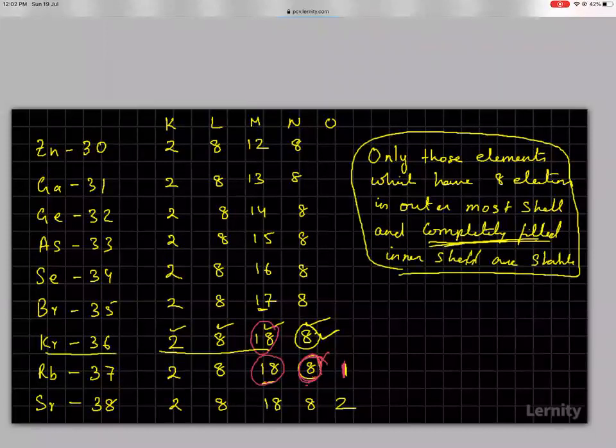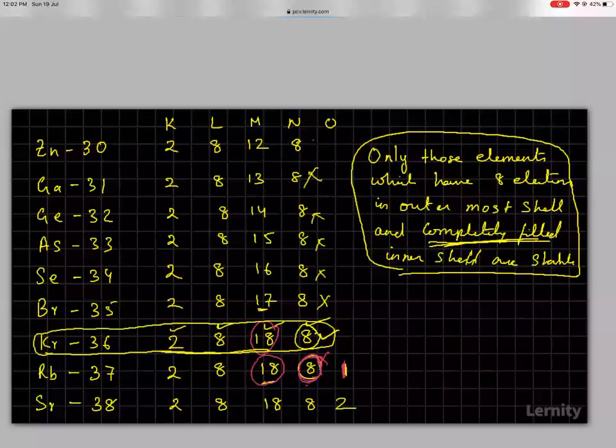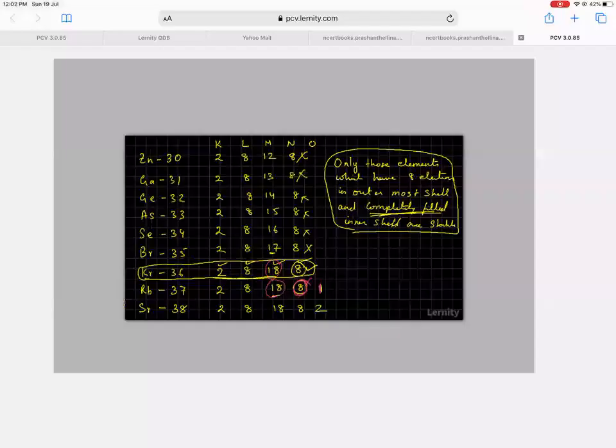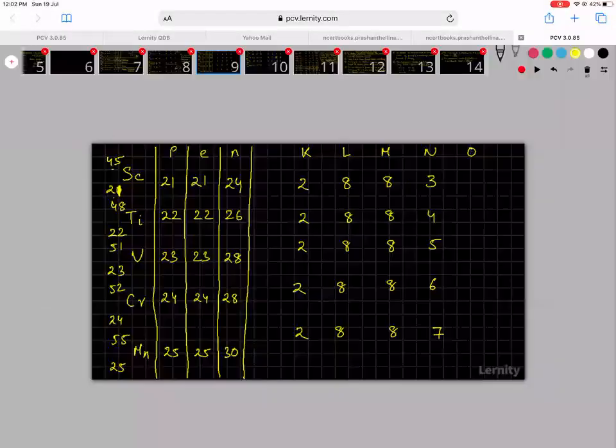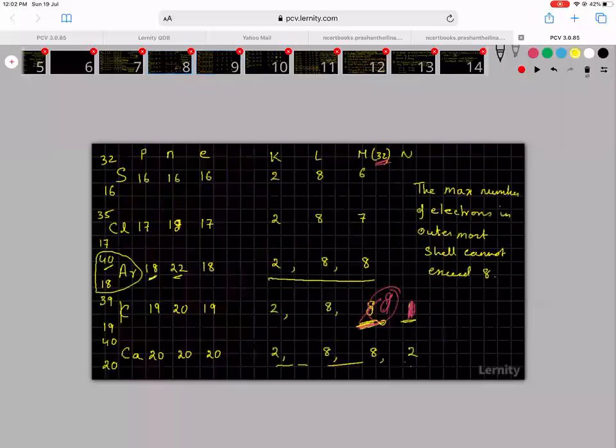So krypton is completely filled. This is not filled. So they are not stable. Then none of these are filled. So they are not stable. Coming back here, none of them are filled. So they are not stable. None of these are stable. Now this one, complete 8 electrons in outermost shell. This is full. So this is stable.